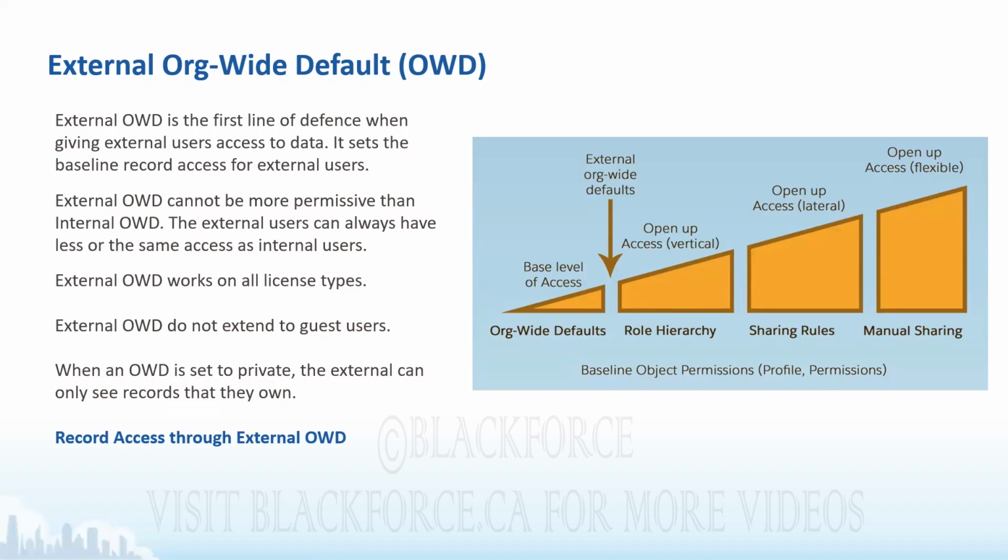Okay, so let's put this into practice. What I'm going to attempt to do is set the external OWD for an external user and then for an internal user on an object.